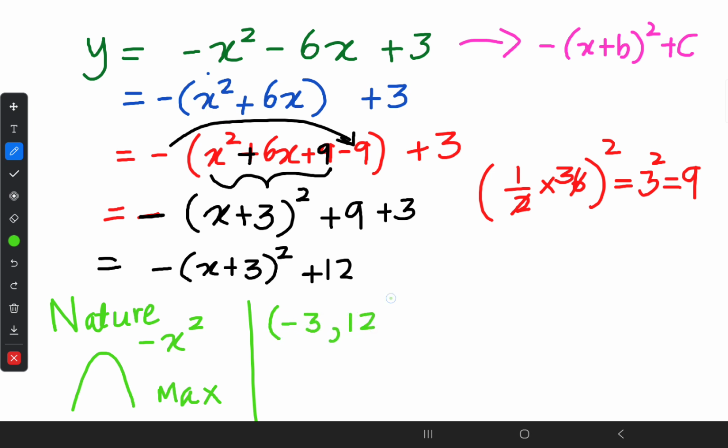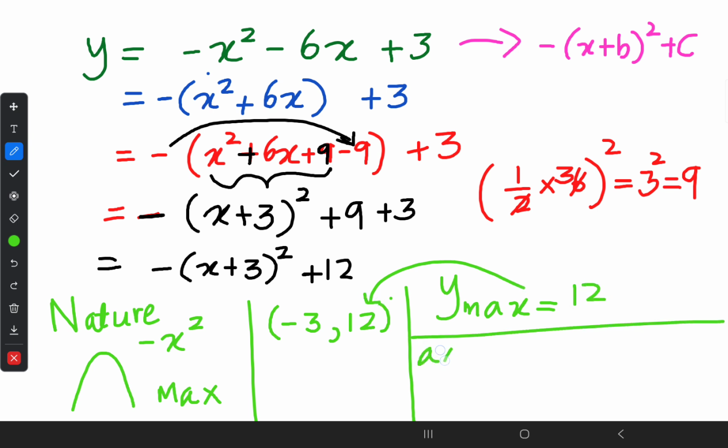The maximum of y is 12. Then the axis of symmetry is x equals negative 3. That's all for the question.